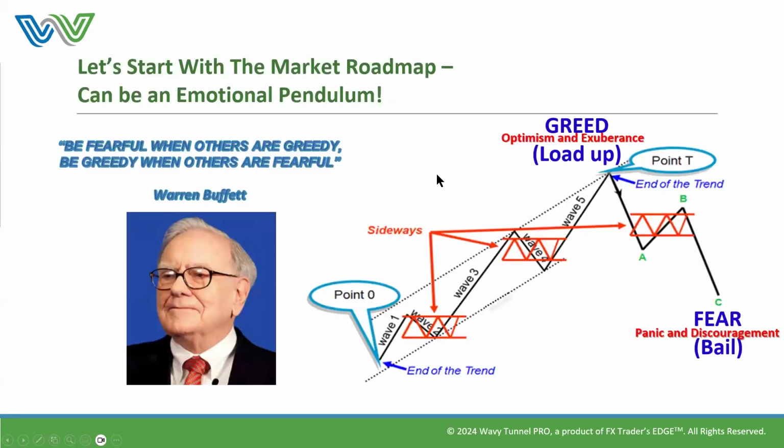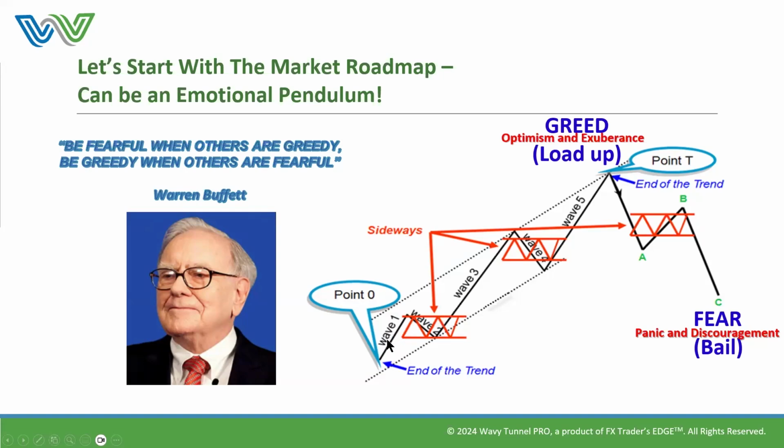Warren Buffett said, be fearful when others are greedy, be greedy when others are fearful. That's a contrarian view. So when you look at this market map, the roadmap, you see 5 waves up, and you don't have to be a consummate wave counter, because with the Elliott waves, with the Wavy Tunnel Pro, you'll see that the indicators themselves show where we are in the market cycle.